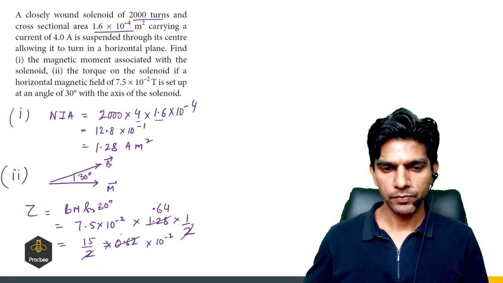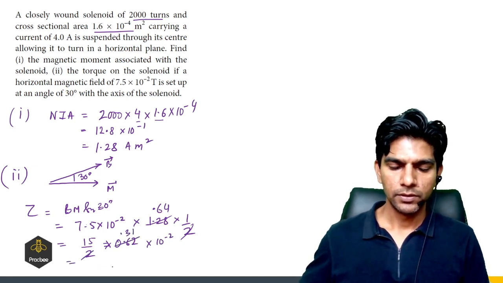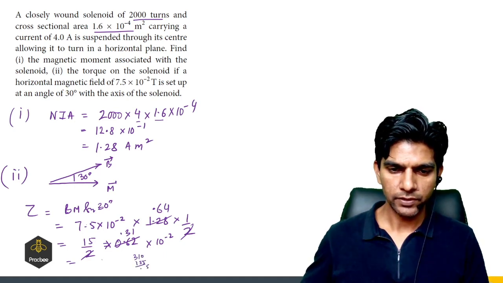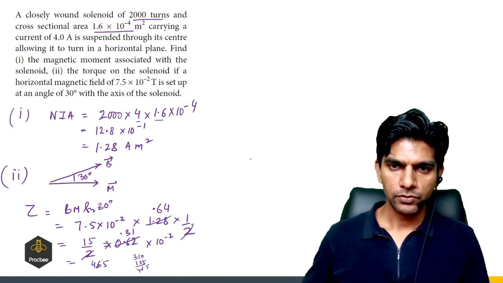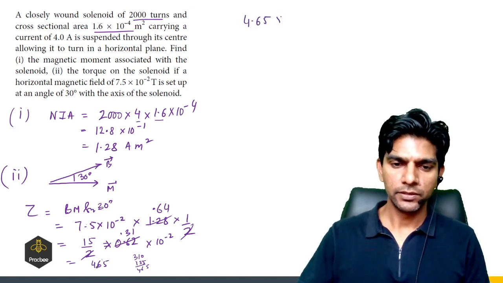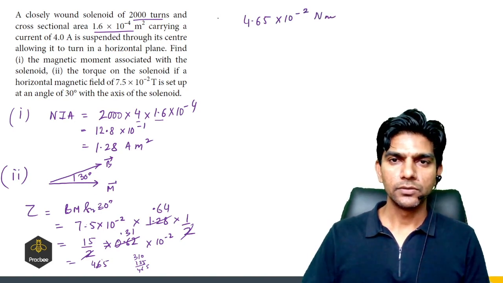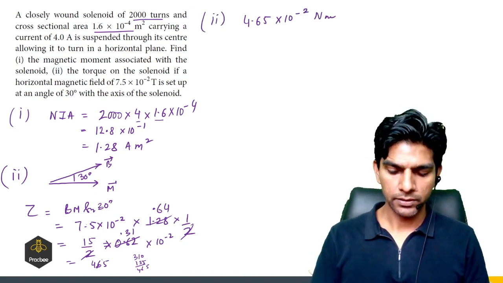So this will be 0.31, 310 plus 155, so 465. So it will be 4.65 into 10 raised to power minus 2 Newton meter. So that is the answer of the second part.